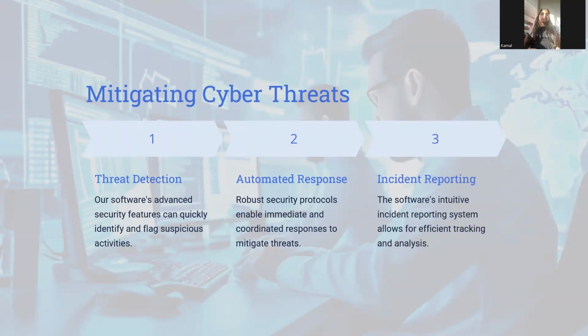Our software's incident reporting system plays a crucial role in effective threat mitigation. This system allows for efficient tracking and analysis of security incidents, enabling timely response for remediation. By centralizing incident reports, we can gather valuable insights into the nature and scope of security threats.